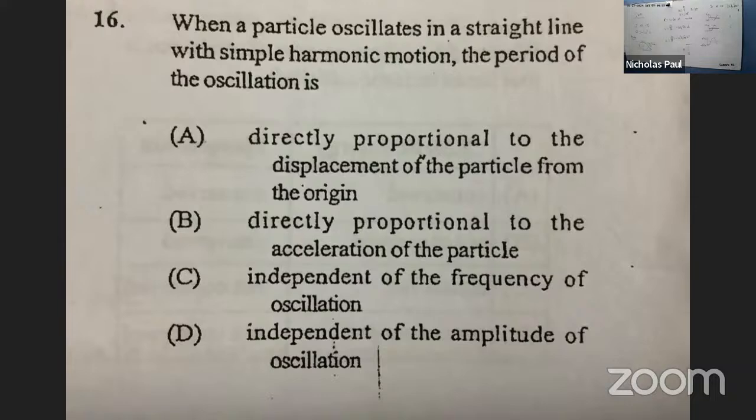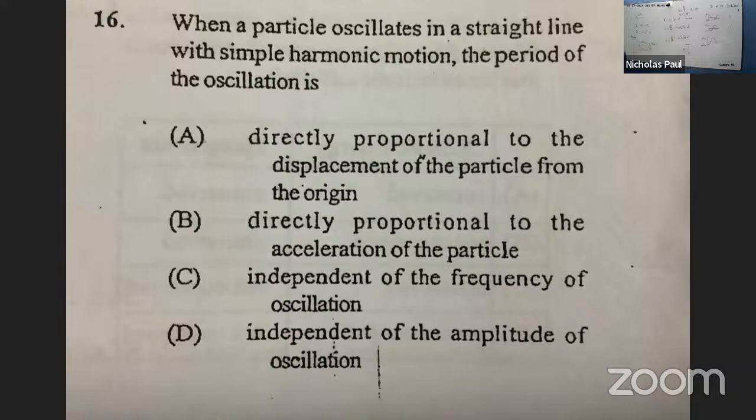What's the answer there? What's the answer here?